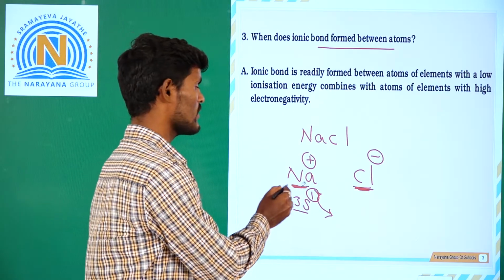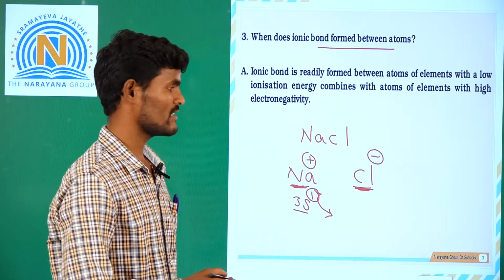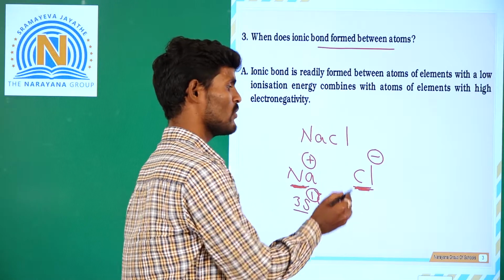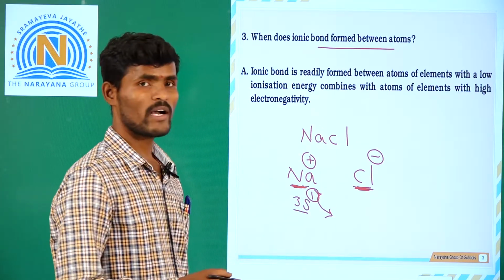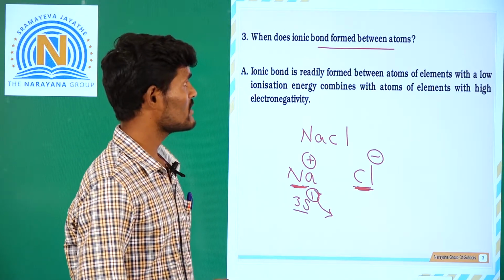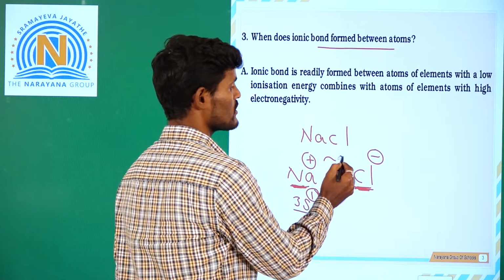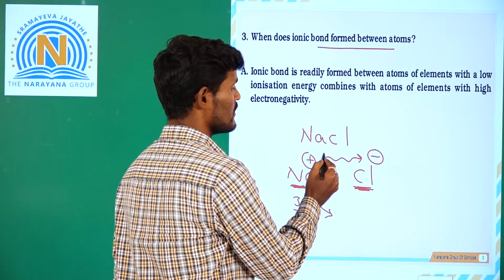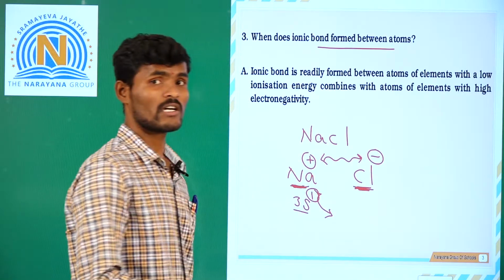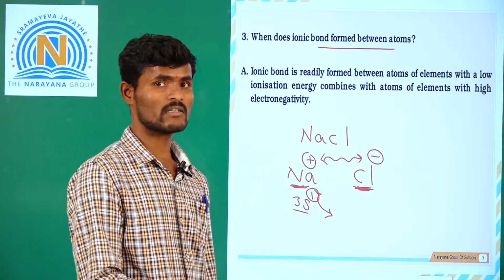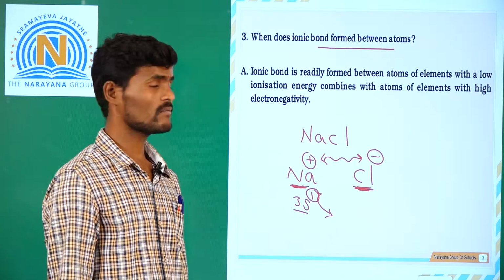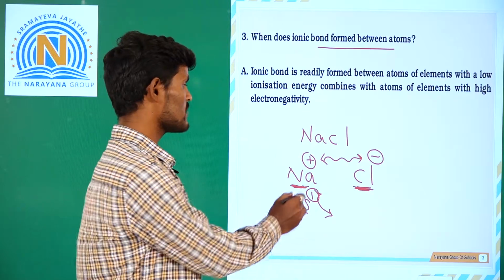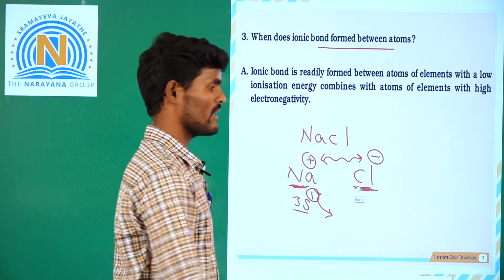So sodium atom has low ionization energy, whereas chlorine atom is a more electronegative element. So between these two atoms an ionic bond will be formed. Ionic bond means the strong electrostatic force of attraction between two oppositely charged ions, which are formed by transfer of electrons from one atom to another atom. So this is ionic bond formation between two atoms. Here sodium is a metal, chlorine is a non-metal.